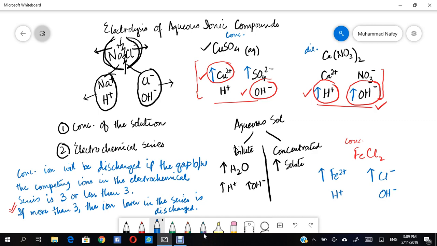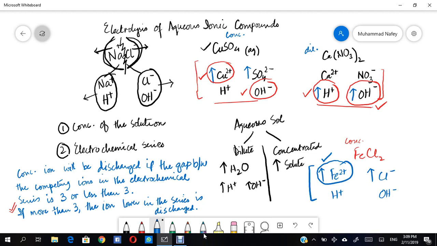According to the rule, the concentrated ion will be discharged if the gap between the competing ions is 3 or less than 3. If we take a look at the cationic side, we notice that the gap between iron ions and hydrogen ions in the reactivity series is less than 3. Therefore, iron will be discharged.